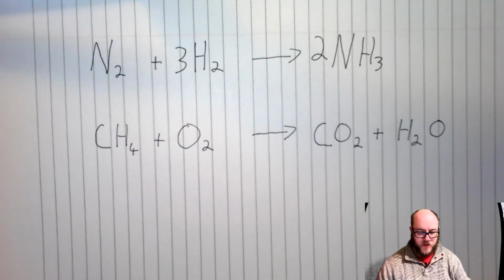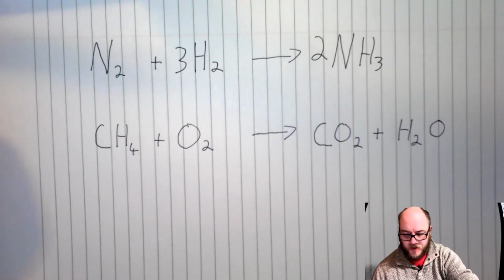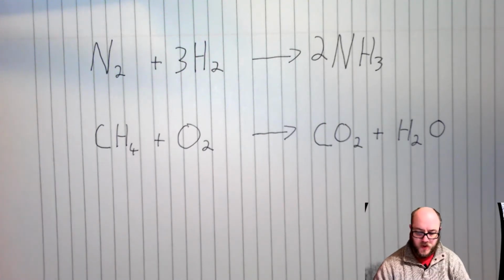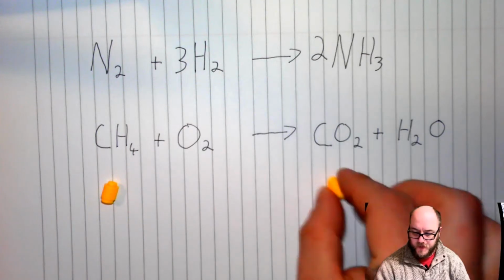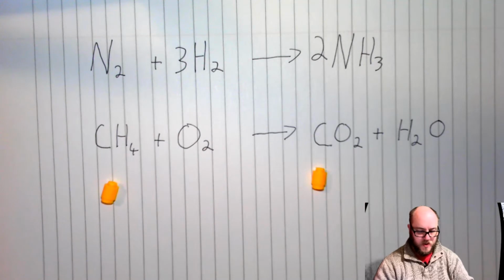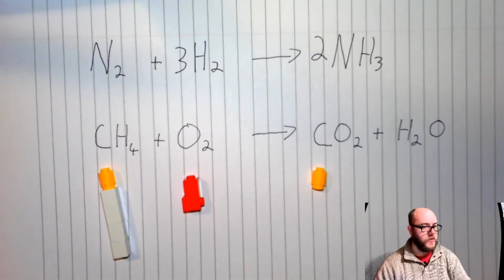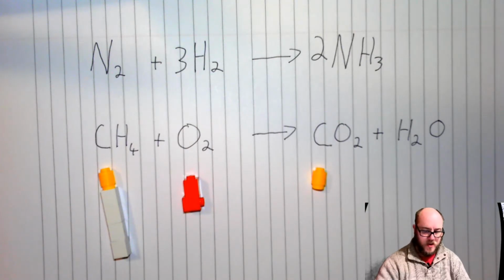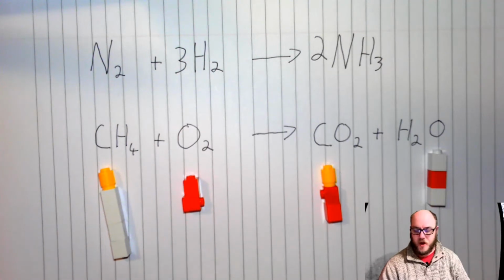So this is where it's going to get tricky Lego wise, but I am going to use this little yellow thing as carbon, and my white as hydrogen, CH4 plus O2, and then I've got CO2 and H2O. CH4 plus O2 giving CO2 plus H2O.